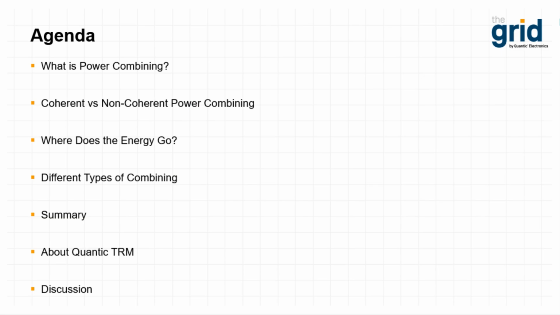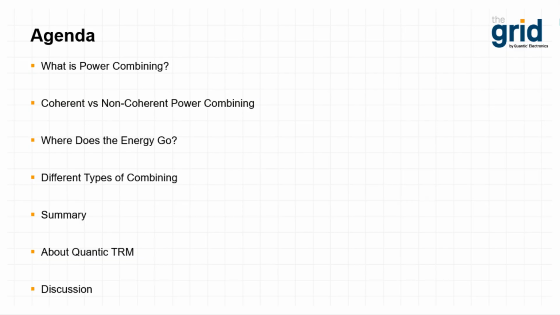So for the agenda today, what we're going to talk about here really is what is power combining at a very high level. Then we're going to go into the differences between two major subgroups of power combining. One is coherent power dividing, and the other one is non-coherent power dividing. In both cases, we have to talk about where does the non-combined energy go, or where does the combined energy go for that matter.